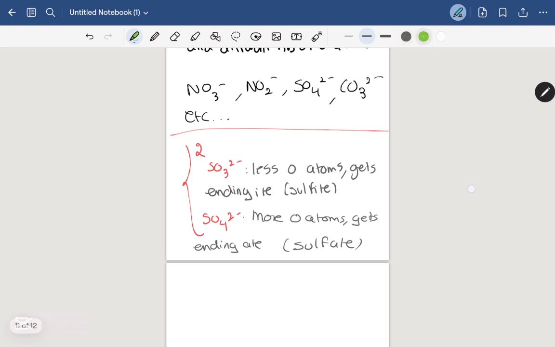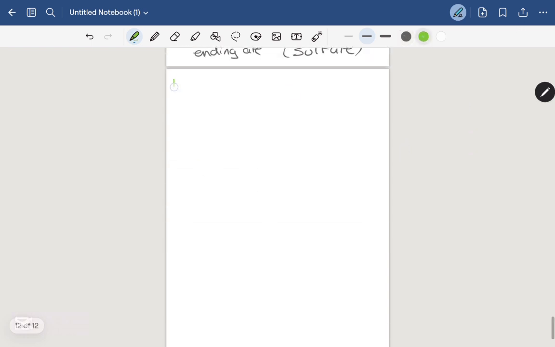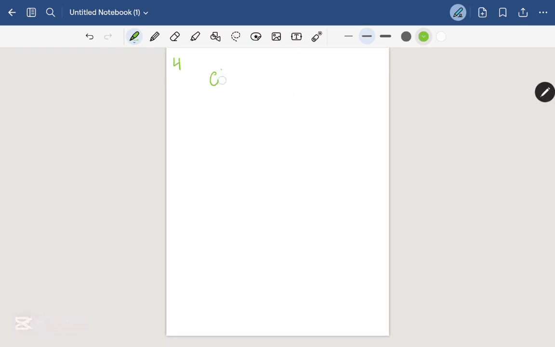Now this is the case if we have 2, but what if we have 4? We take a very famous example with chlorine. We have ClO-, ClO2-, ClO3-, and ClO4-, and they're all minus.